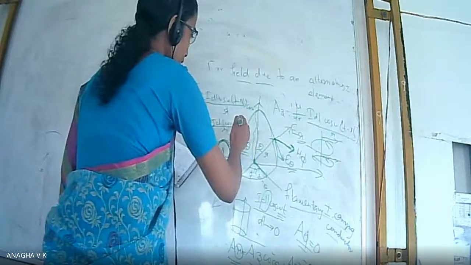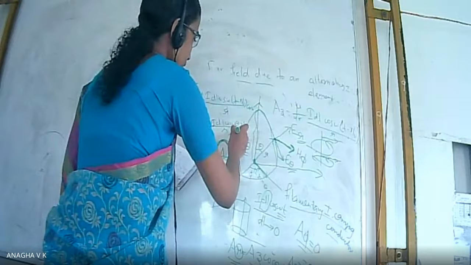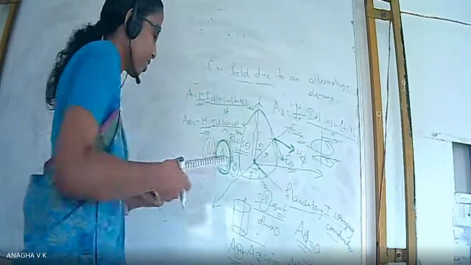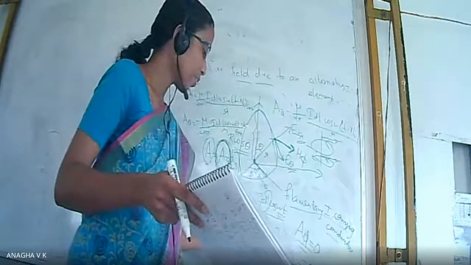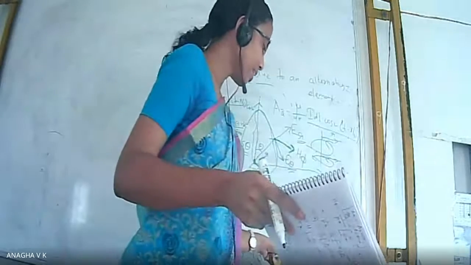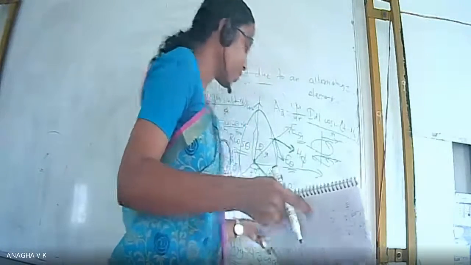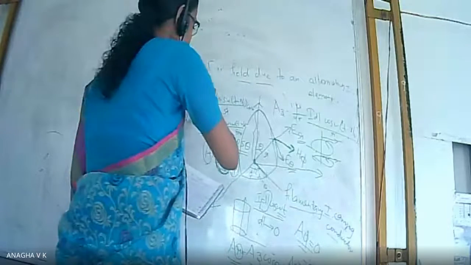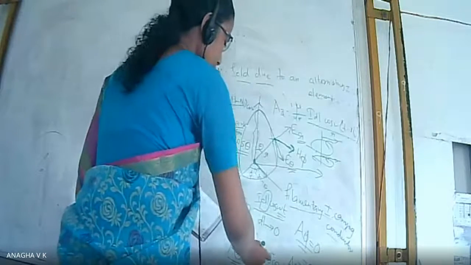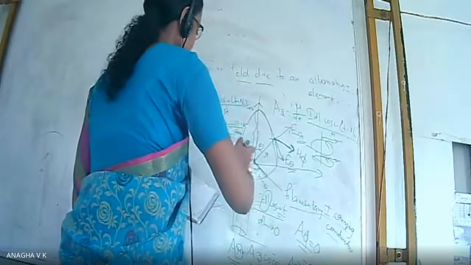Minus A_z sin theta. So A_r is nothing but A_z cos theta, A_theta is nothing but minus A_z sin theta, and A_phi is nothing but 0. So in A_r and A_theta we substituted A_z in this equation.